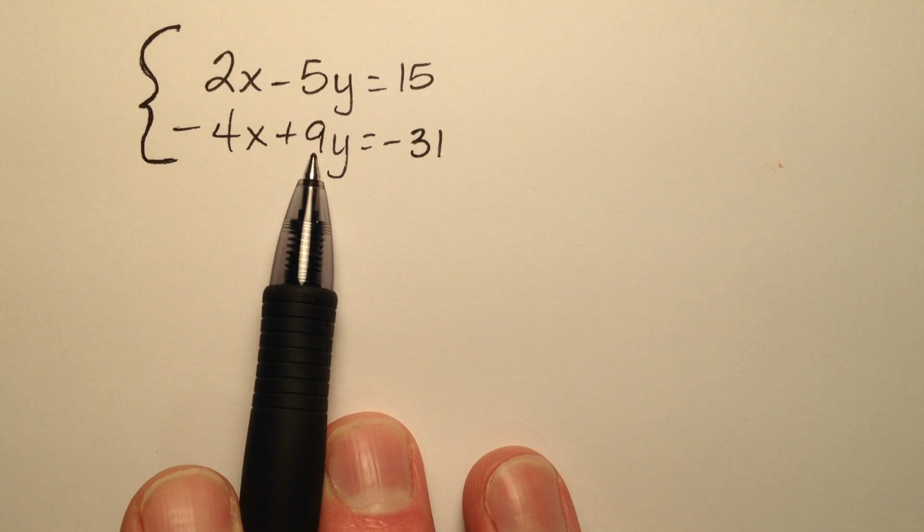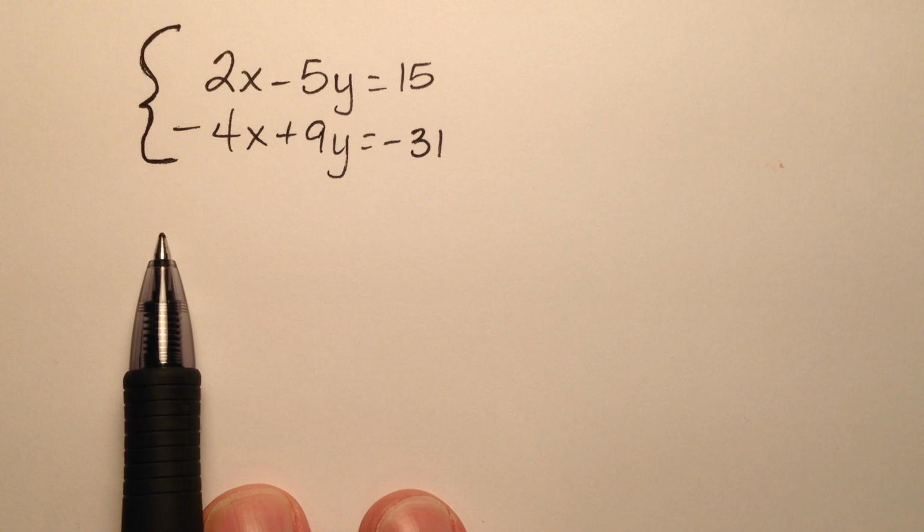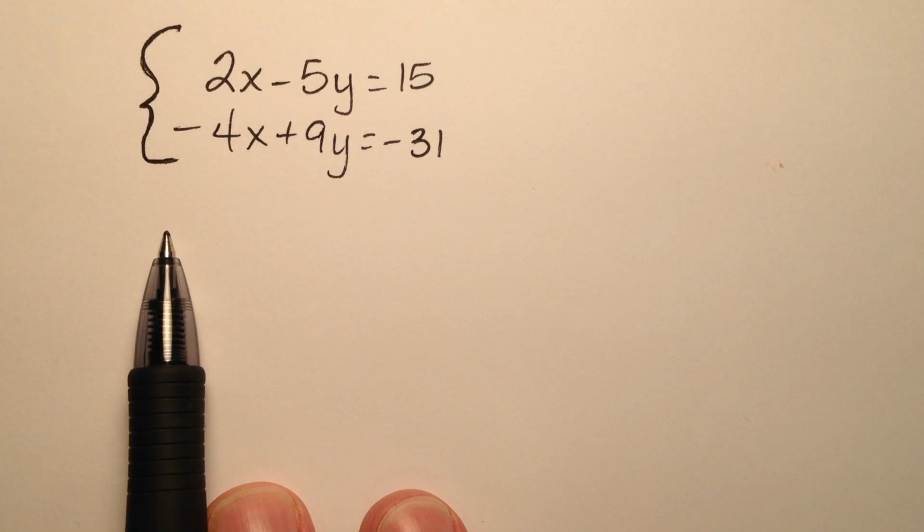So in order to accommodate this idea of equal in number but opposite in sign, in order to cancel one of the variables out, I need to use our multiplication property of equality, which says that whatever I do to one side of an equation, and specifically multiplication, I also need to do it to the other side of the equation, and the two sides of the equation will remain equal.